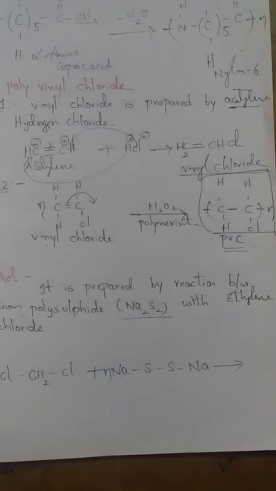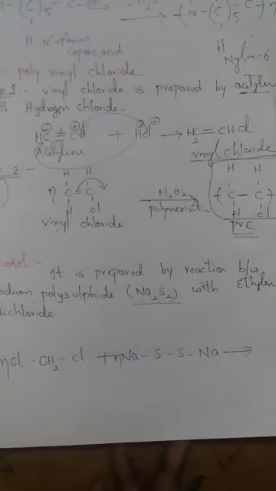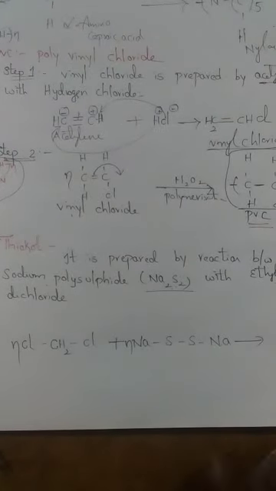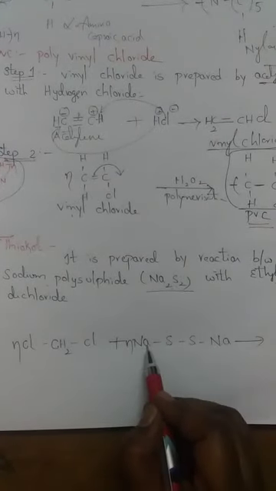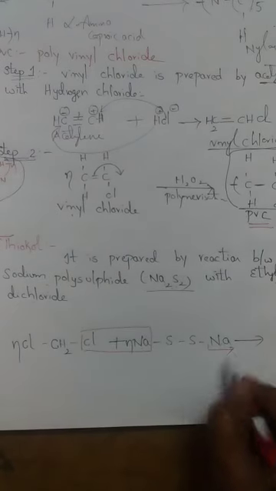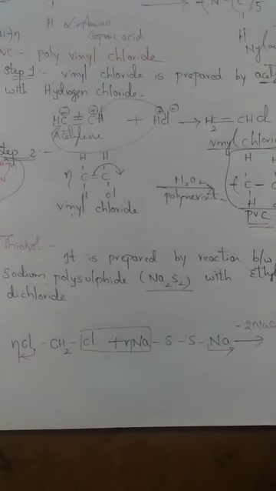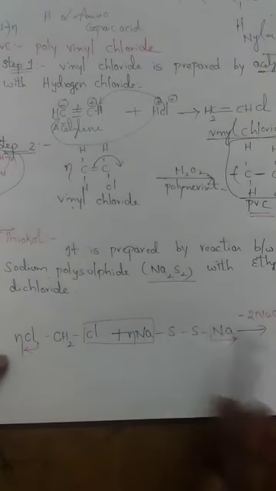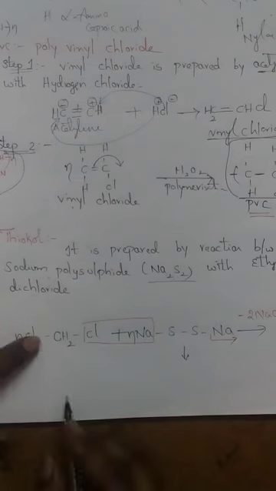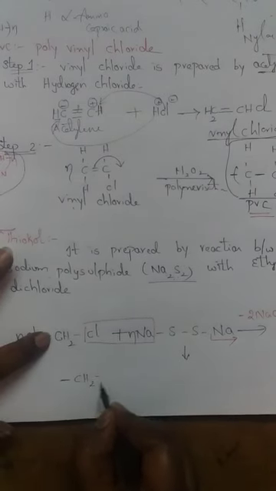How? By applying elimination. This can be prepared by elimination. How can we eliminate it? See here, the eliminated things are NaCl, the Na here and the Cl here. How many moles? 2 moles of NaCl can be obtained. The remaining things I am writing on the downside. See here, this releases one bond, CH2 single bond.